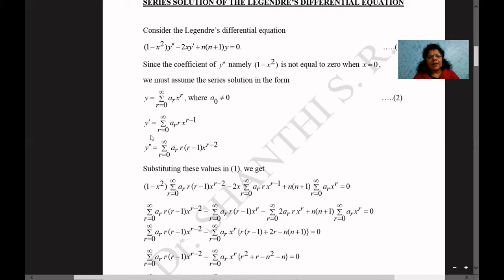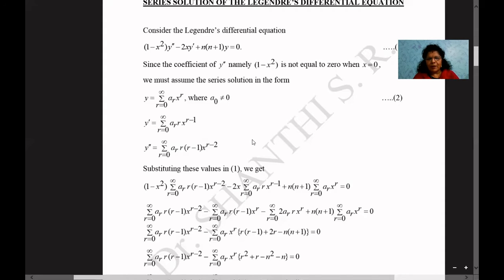Put the values of y double dash, y dash and y in equation number 1. So equation number 1 will be (1 minus x square) into sigma r is equal to 0 to infinity a r r(r minus 1) x power r minus 2, putting the value of y double dash, minus 2x into y dash, where y dash is sigma r is equal to 0 to infinity a r into r x power r minus 1, plus n into (n plus 1) into y, where y is sigma r is equal to 0 to infinity a r into x power r.